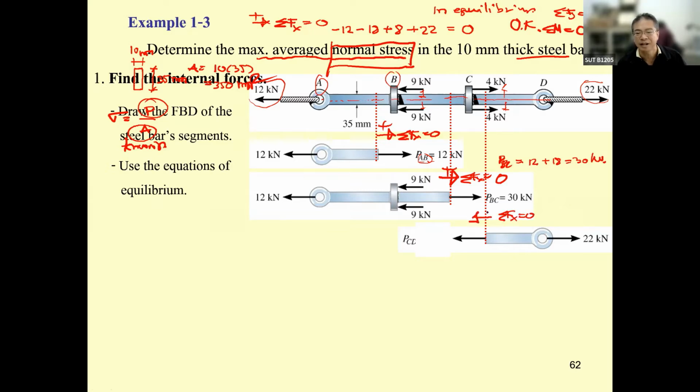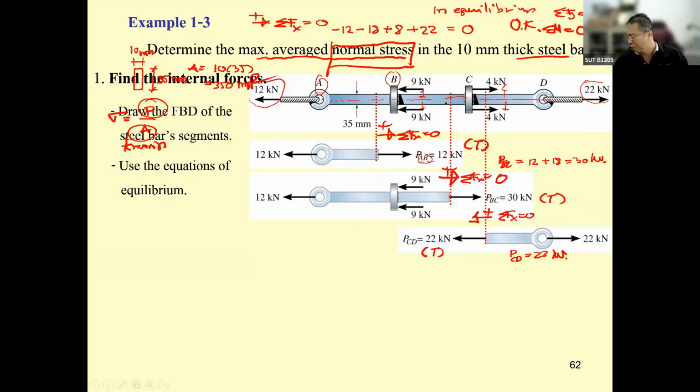Now, this direction is positive. Different from this one, P sub CD is going to be 22 kilonewton. And you can see this one is in tension. This one also, 22 kilonewton, is in tension. All of them are in tension.